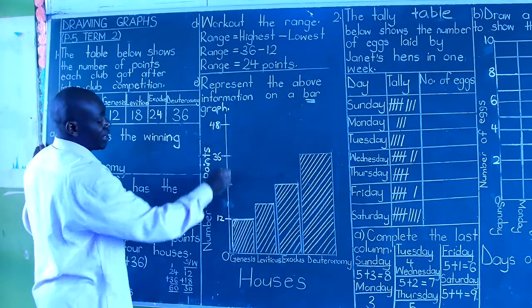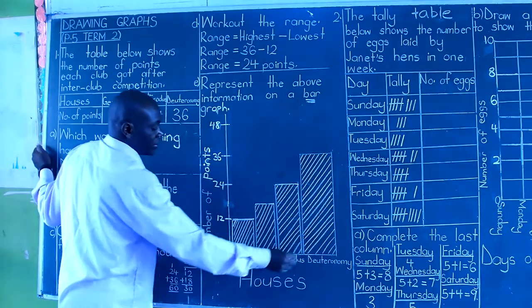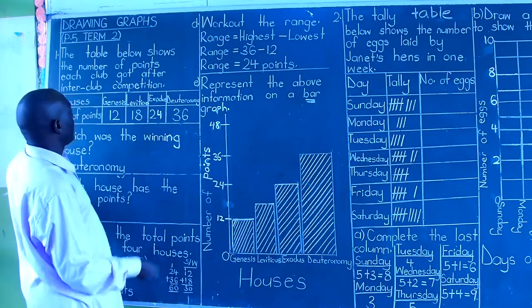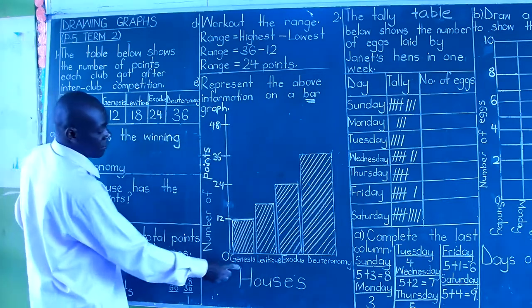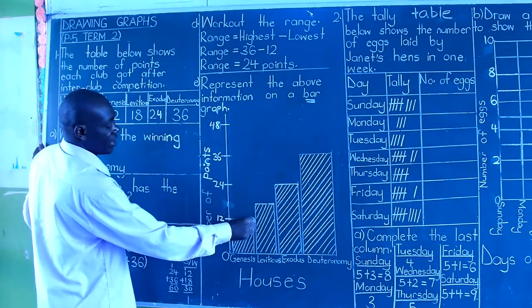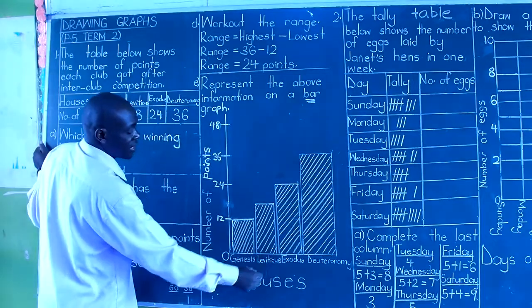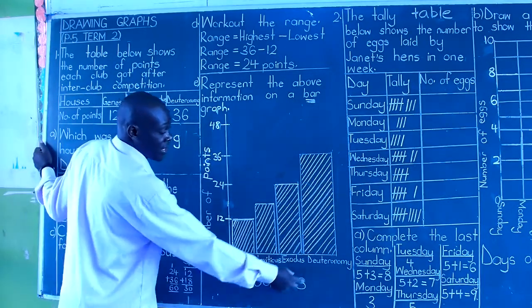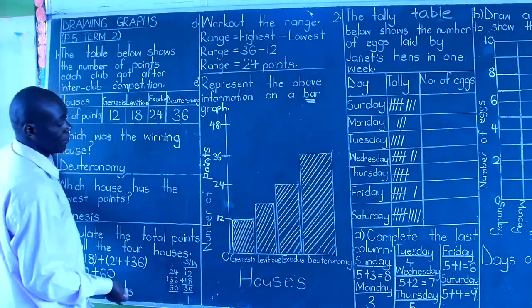So we draw a line here and a line down. Then align our houses. The first one is Genesis. The next one is Leviticus, but you draw one by one. Next one is Exodus, another one is Deuteronomy.